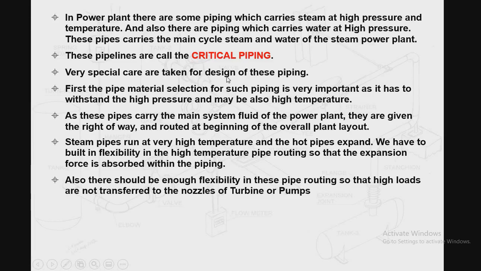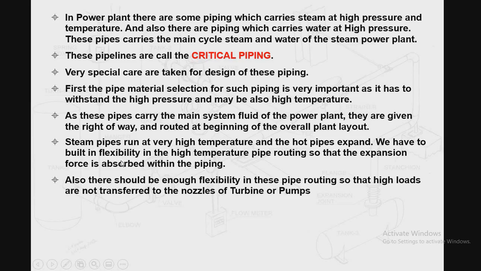Very special care is taken to design this piping. First, the pipe material selection for such piping is very important as it has to withstand high pressure and maybe also high temperature. As these pipes carry the main system fluid of the power plant, they are given the right of way and routed at the beginning of the overall plant layout. Steam pipes run at very high temperature and the hot pipes expand.